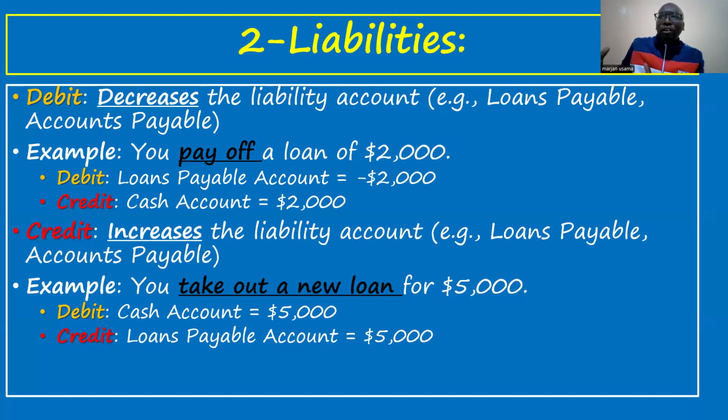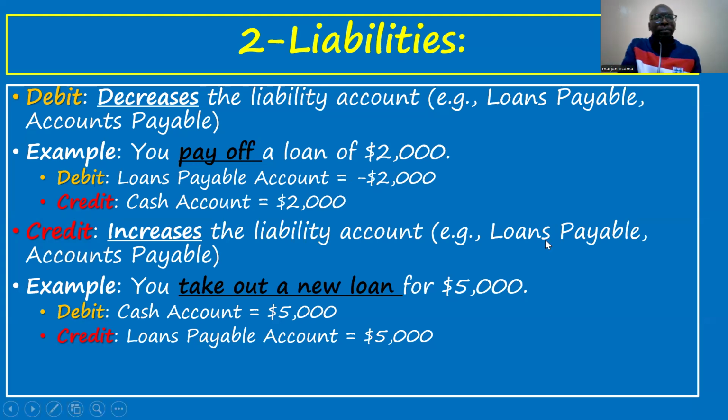If you take a loan, you have to pay. If, for example, your suppliers supply you with product and you have to pay it in future, it is known as liability. And we have two types of liability. We have the short-term liabilities and we have the long-term liabilities.